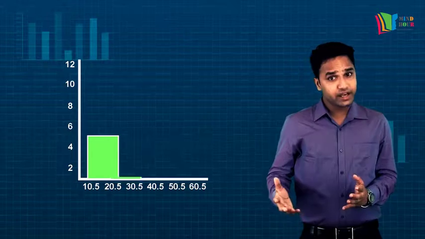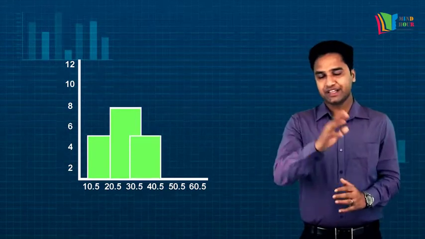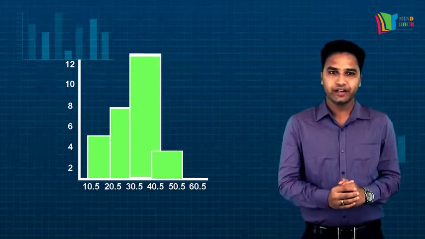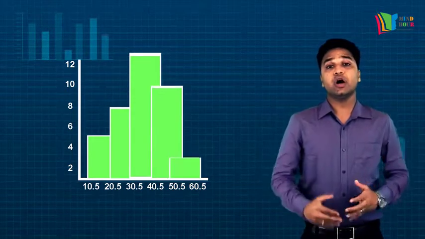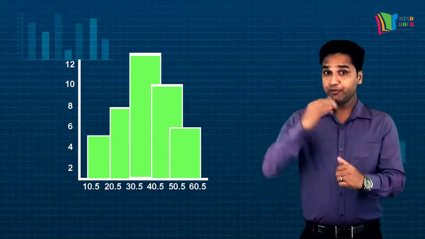Similarly, we take the second interval and draw the rectangle with 20.5 to 30.5 as the base and 8 as the height. We proceed to draw other rectangles in the same way. The resultant graph we get is the histogram.